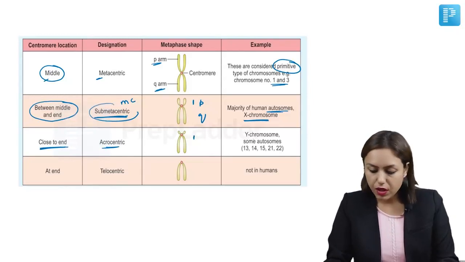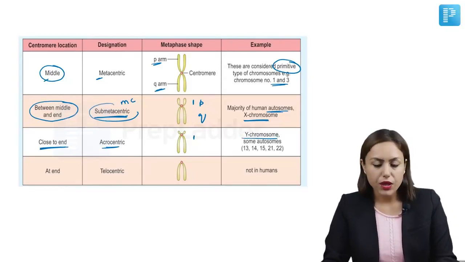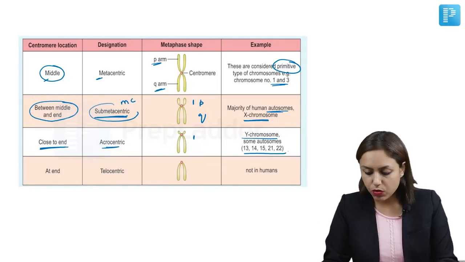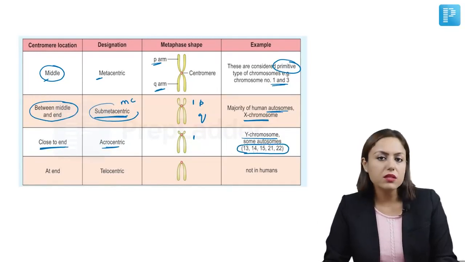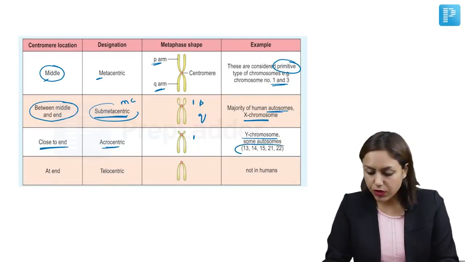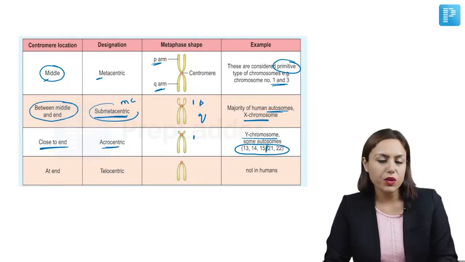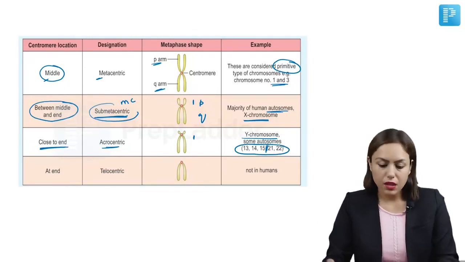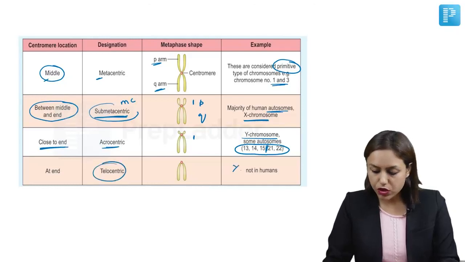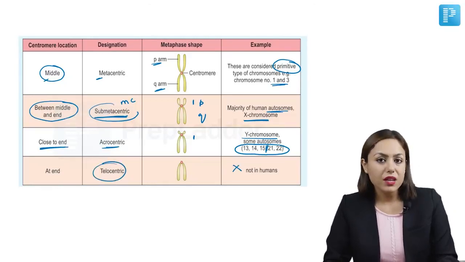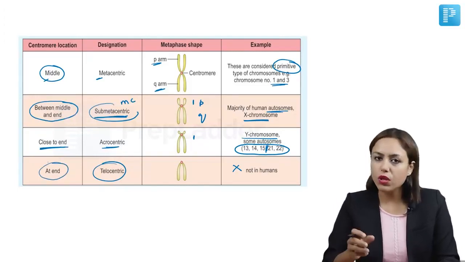The Y chromosome is like this, and only 5 autosomes are like this: 13, 14, 15, 21 and 22. The last one is telocentric, which does not exist in humans, where the centromere is at the end, meaning centromere and telomere are combined.